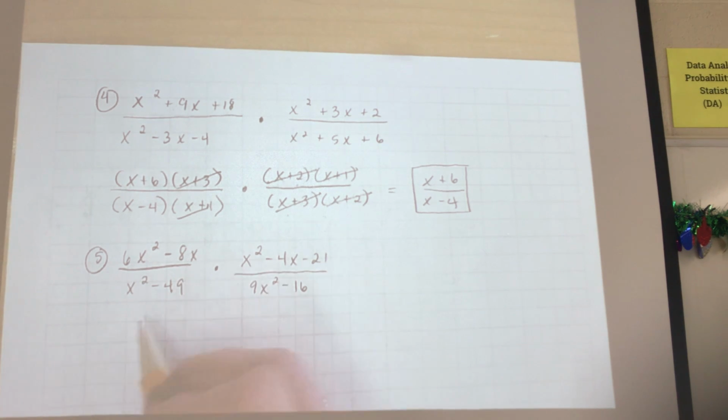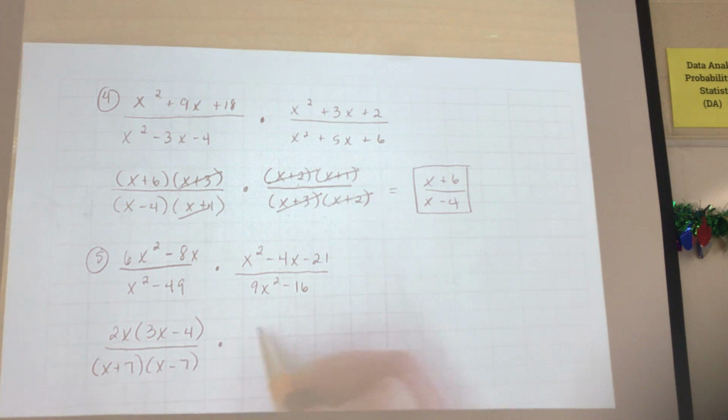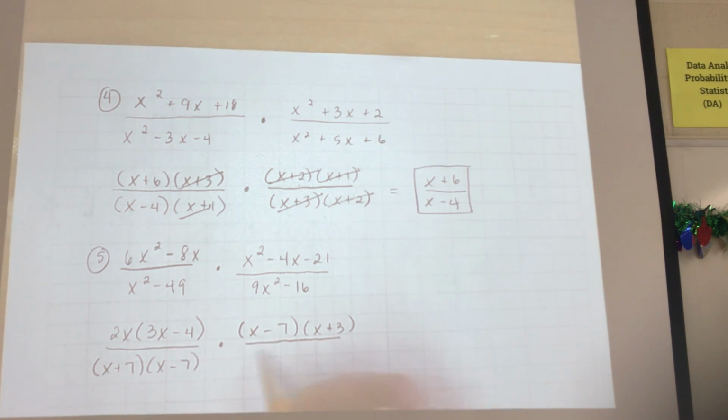In the numerator here, I can see a common factor of 2x, leaving me with 3x minus 4. Difference of 2 squares in the denominator. This will be x minus 7 and x plus 3. There's another difference of 2 squares in the denominator.